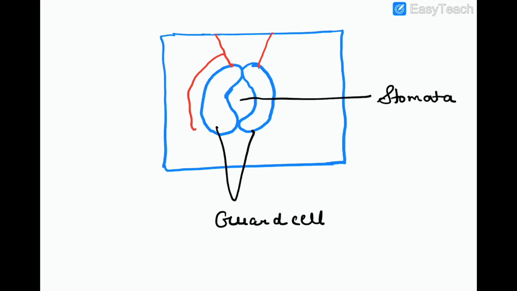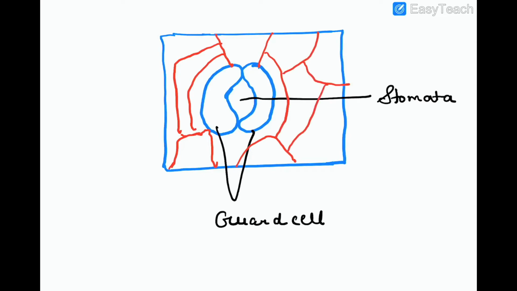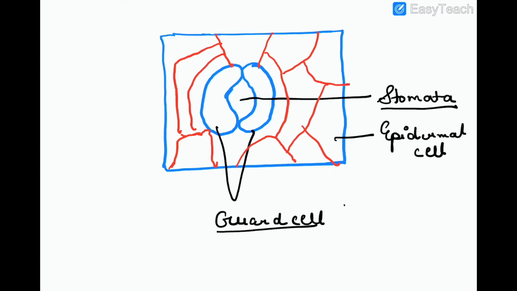Let us draw the epidermal cells. These are the epidermal cells which surround the guard cells. So stomata is a pore present between the two guard cells. The guard cells control the opening and closing of stomata.